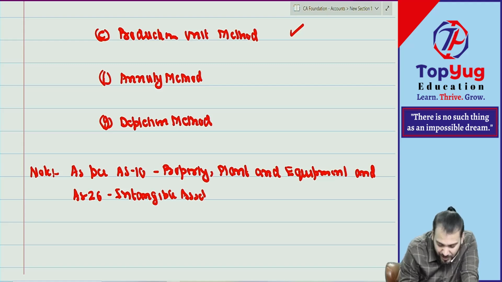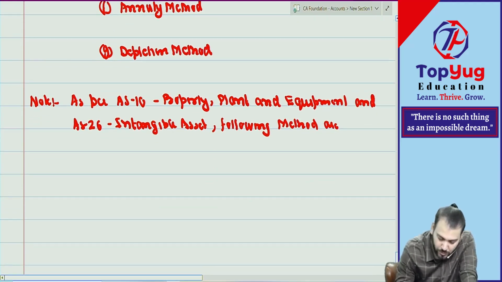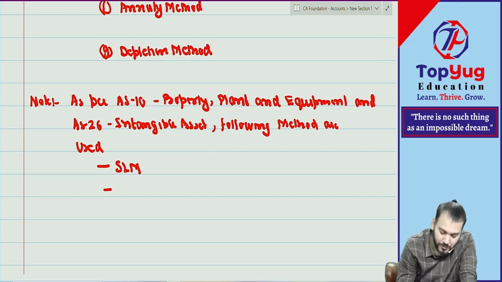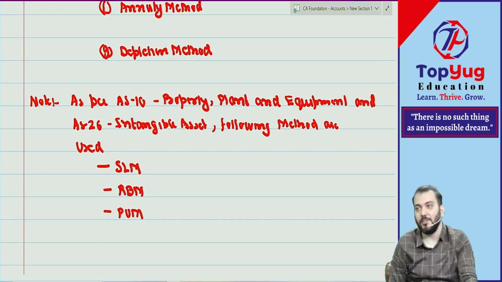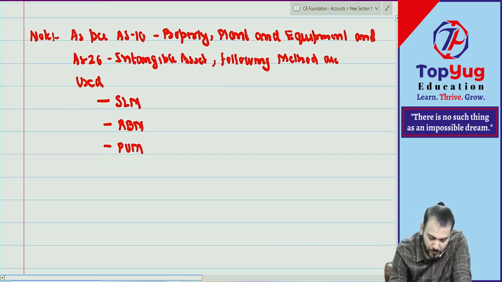This detailed discussion will be done in CA Inter. Following methods are used. First one is SLM, then RBM, then PUM. PUM is the production unit method.